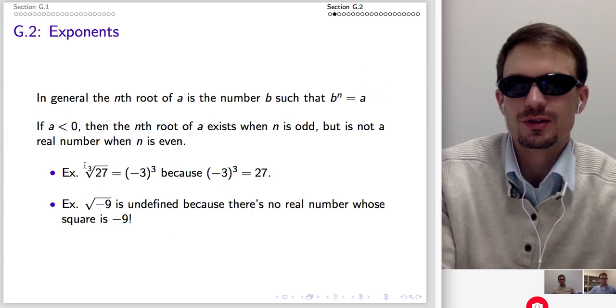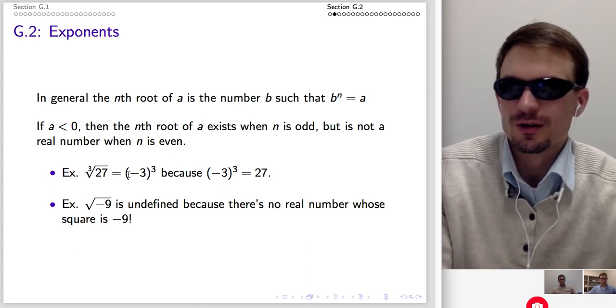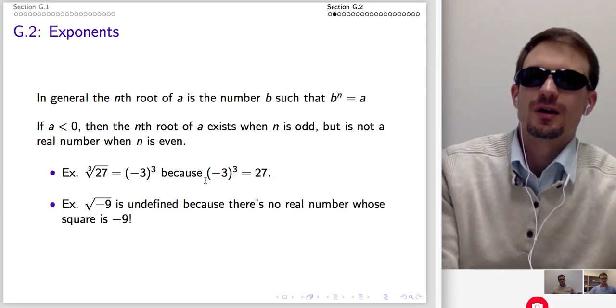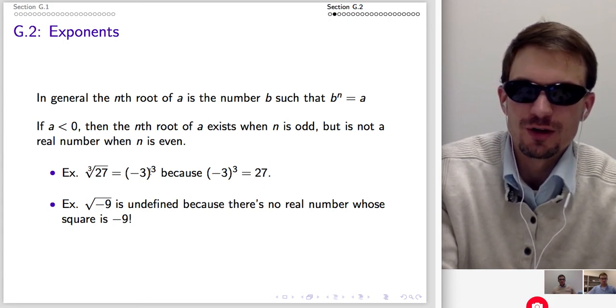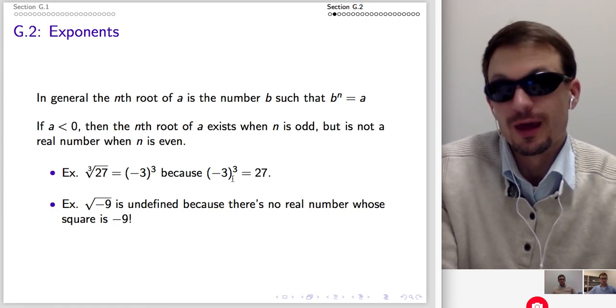The cube root of 27. Let's see, what do I want here? I want minus 3 raised to the third. Minus 3 raised to the third is 27. I've got a mistake here, right? Why do I have a mistake here? I have to fix this.